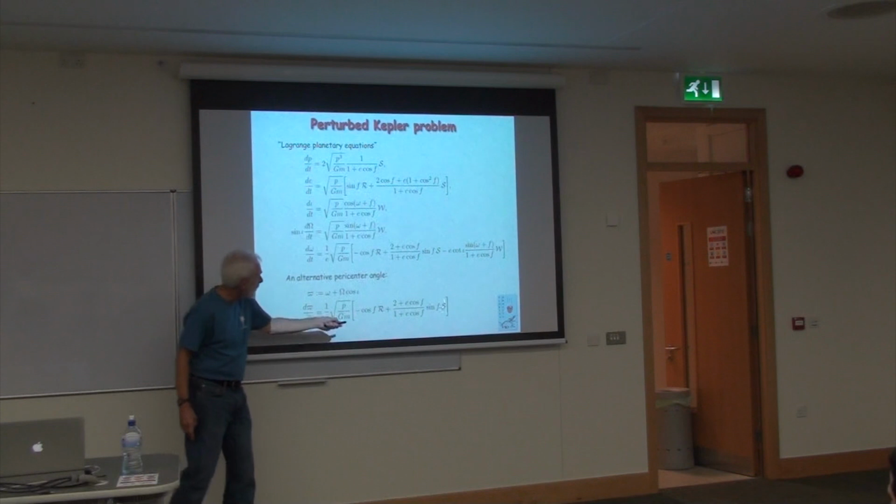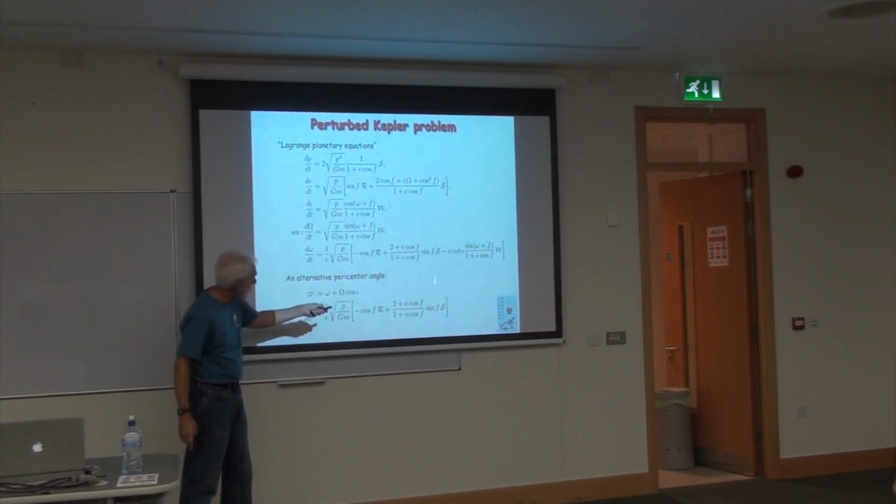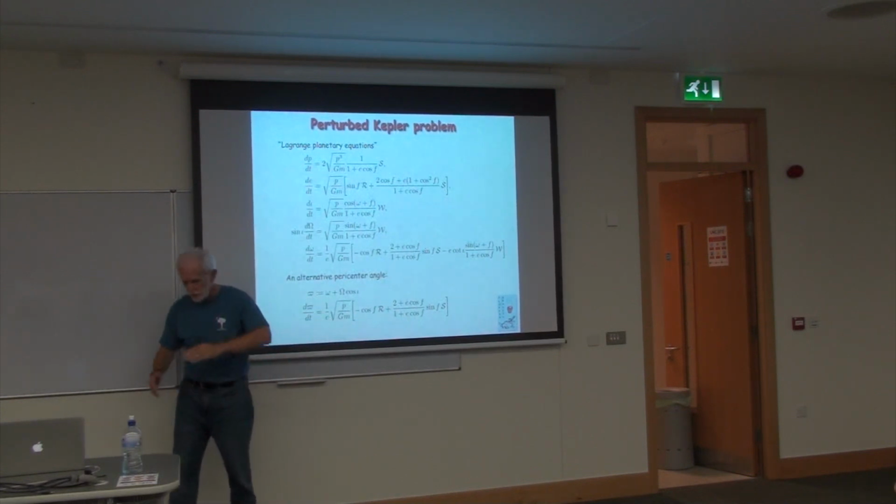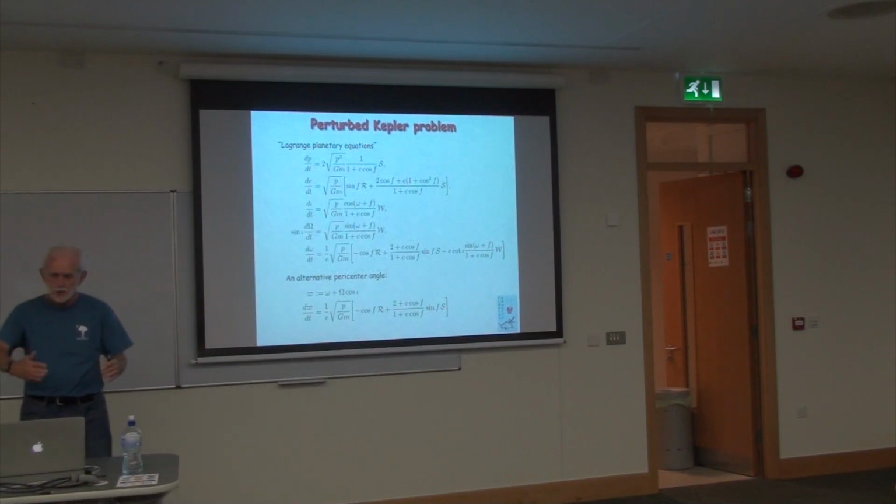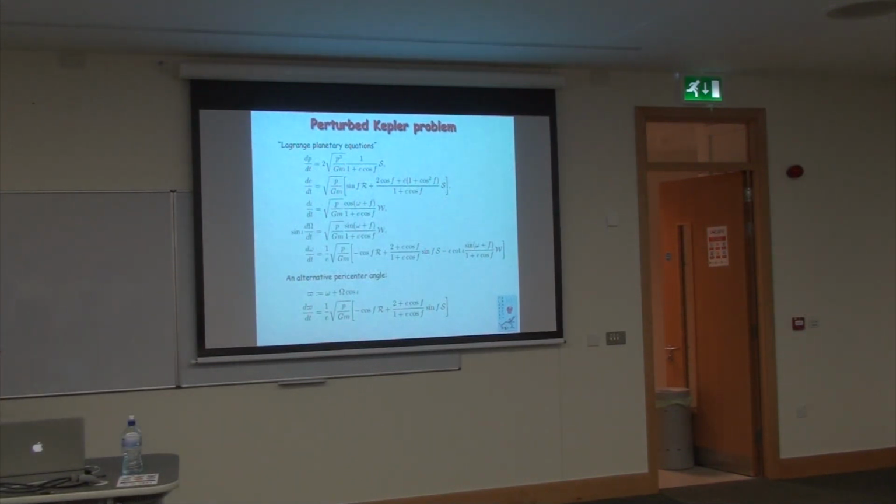And so it's just given by the first two terms of this expression. It's kind of a combination of the rate of change of the angle of nodes plus the rate of change of the pericenter direction measured along their two relative directions. Okay?